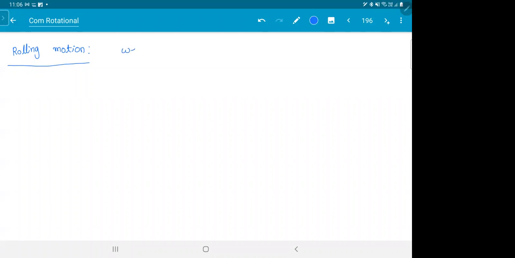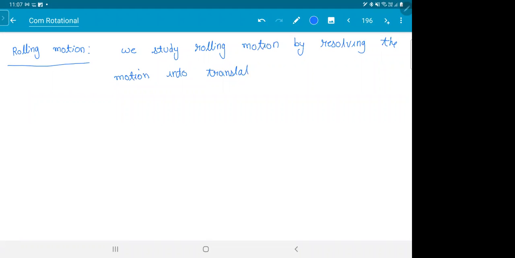We study rolling motion by resolving the motion into pure translation and rotation about the center of mass. I'll tell you what it means.